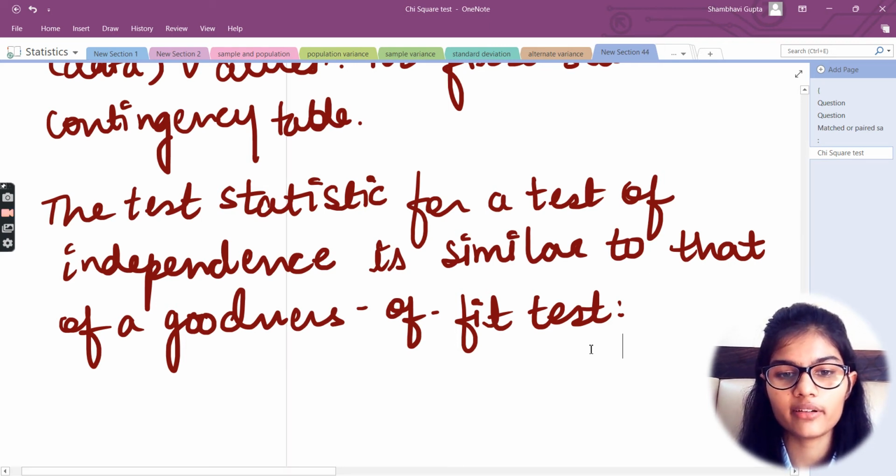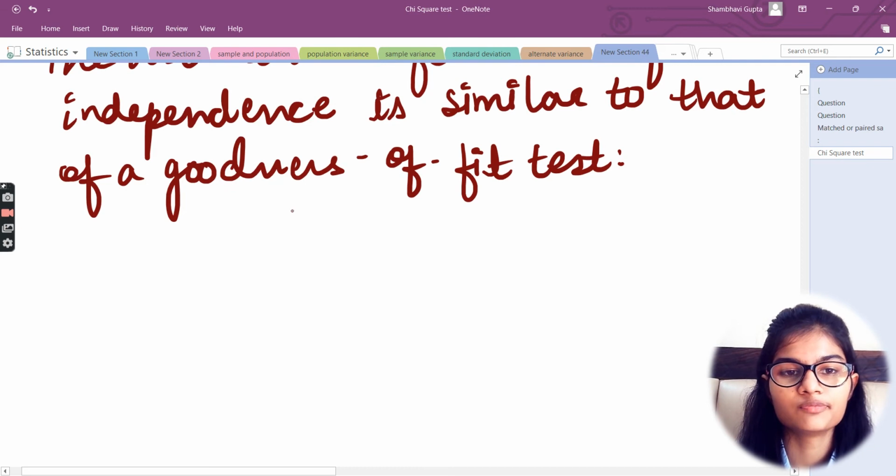Right, this is basically the task here. Now, what is the formula that we follow here?